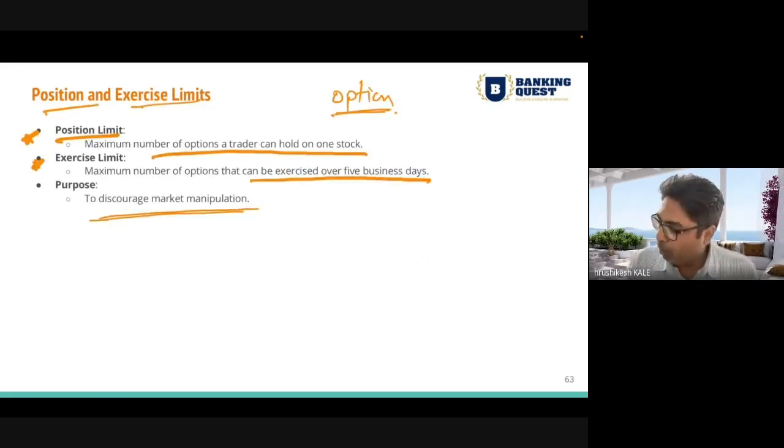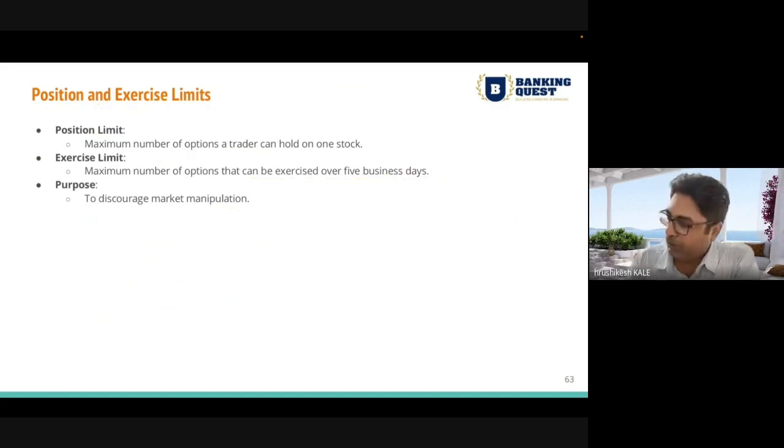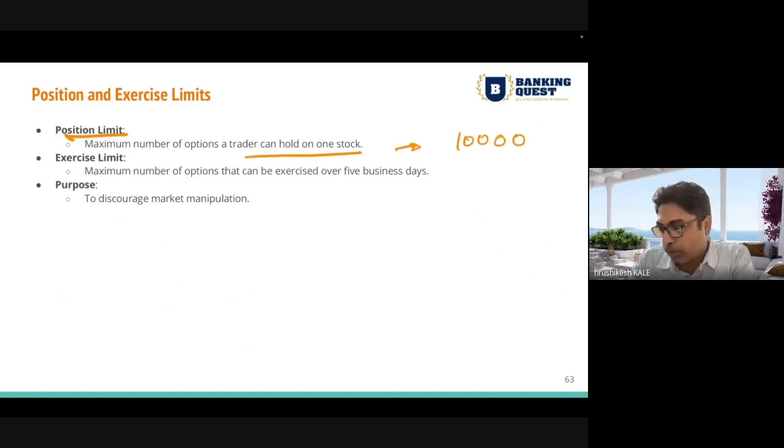Okay. Then you have position and exercise limits. The maximum number of options a trader can hold in one stock. So I can take, let's say, 100 options, 1000 options, 10,000 options. No, there is a limit. How many options you can trade, how many options you can hold, that is the position limit per day.